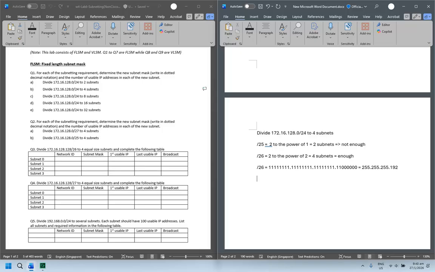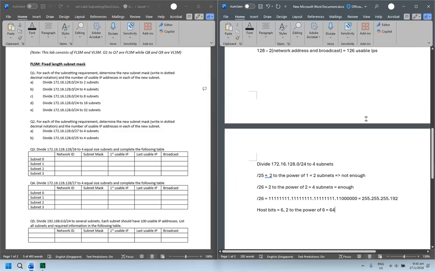How many zeros do we have? The host bits equal 6. So it's 2 to the power of 6, which will give you 64. But as mentioned again, we cannot use all of them.